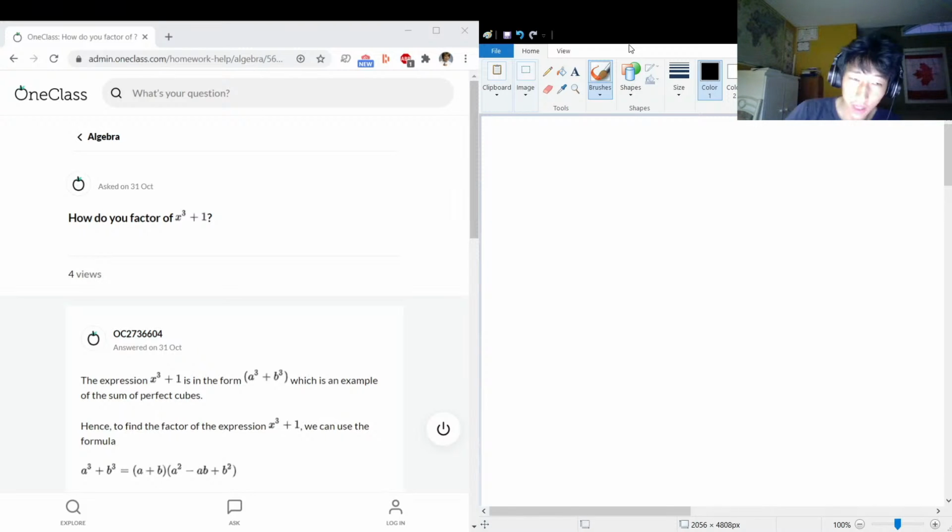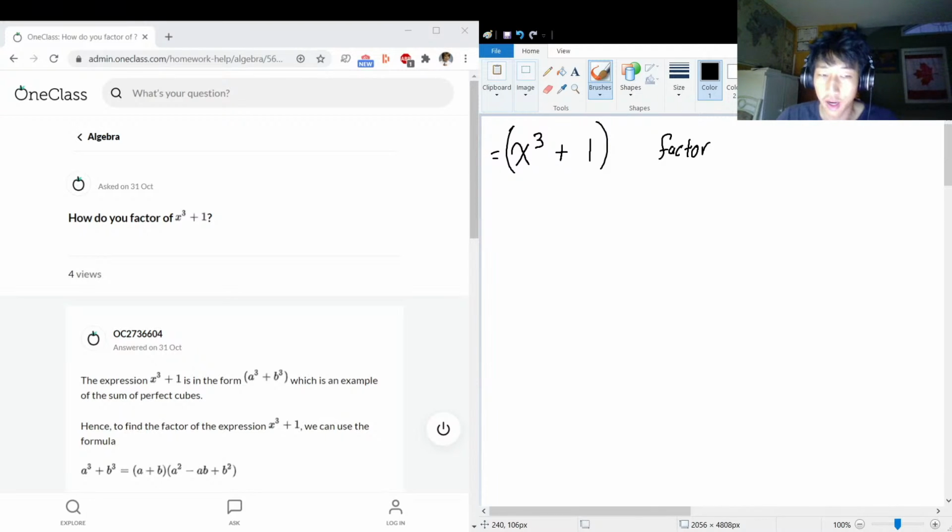The next question that we got on the menu today is, how do we factor x cubed plus 1? We've got to factor that little equation. Okay, I guess we can put brackets around it, doesn't really matter. Now, this is one of those situations where we want to use the sum of cubes.